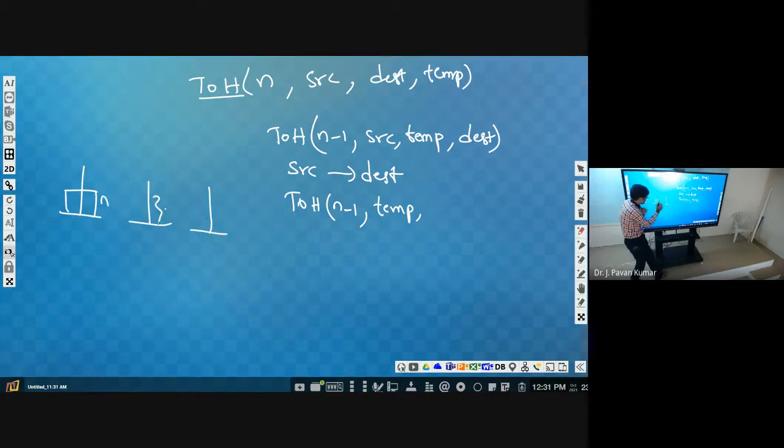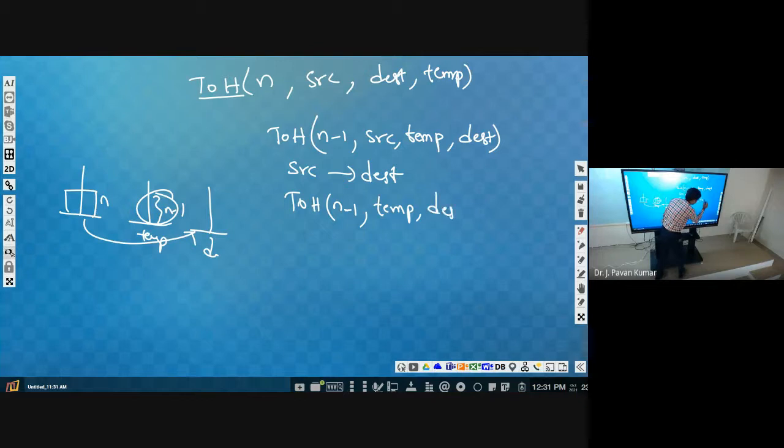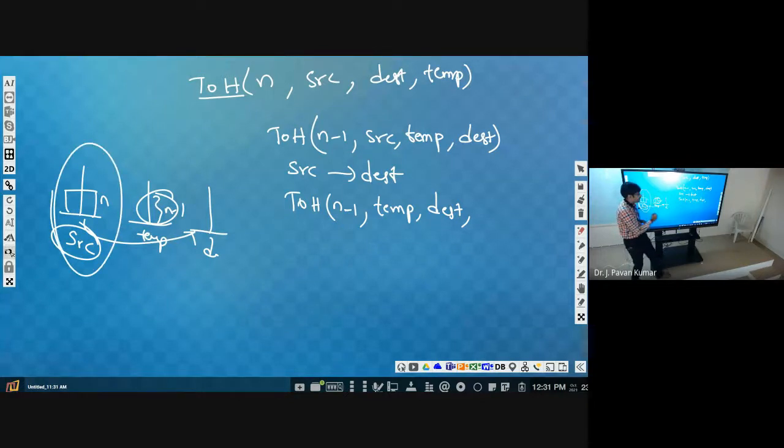So n minus 1 we keep here, then we move one from here to here. Now these n minus 1 at temporary we have to move to destination. So destination we will specify, and while moving these we can use source as temporary. That we will mention here. Got it?